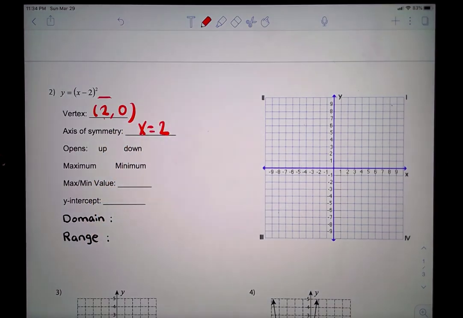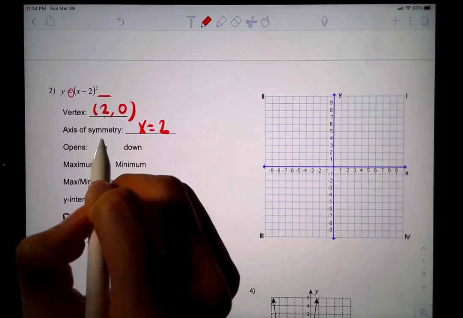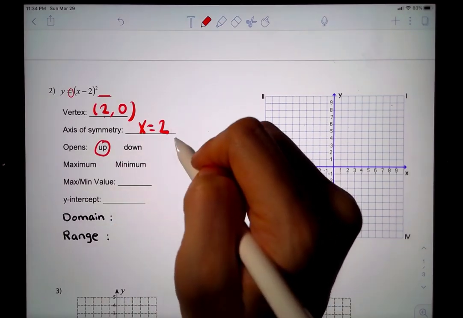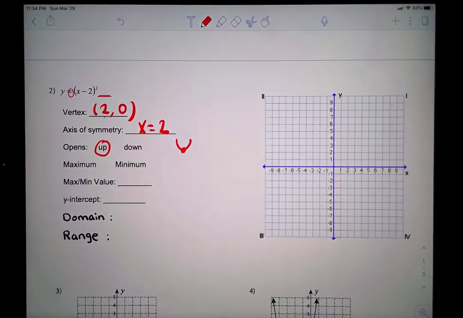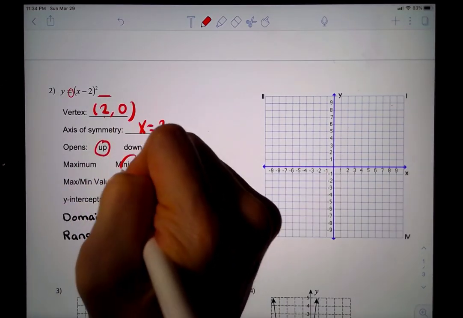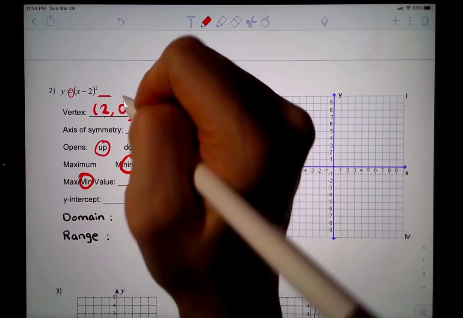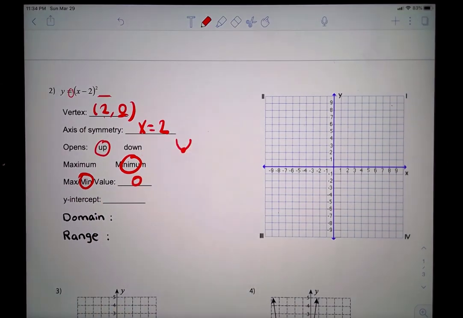And does it open up or down? Look at this. Positive opens up. Then do you have a maximum or minimum? It opens up, it looks like this. What is this point? Minimum, because that is on the bottom, right? So minimum. And your minimum value, I told you, you get it from the y-coordinate, 0. And I told you we're not doing the y-intercept.